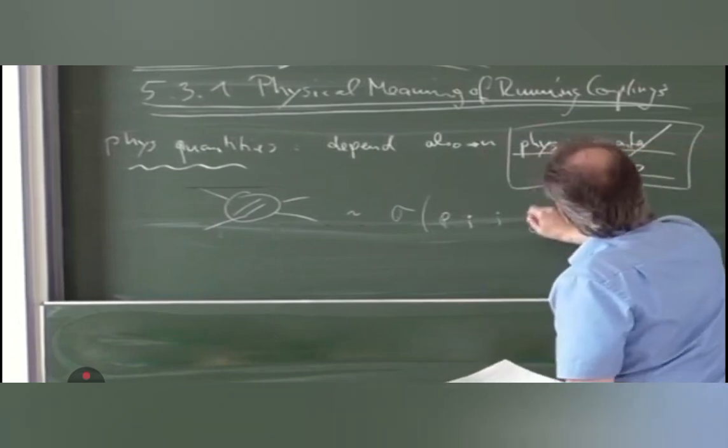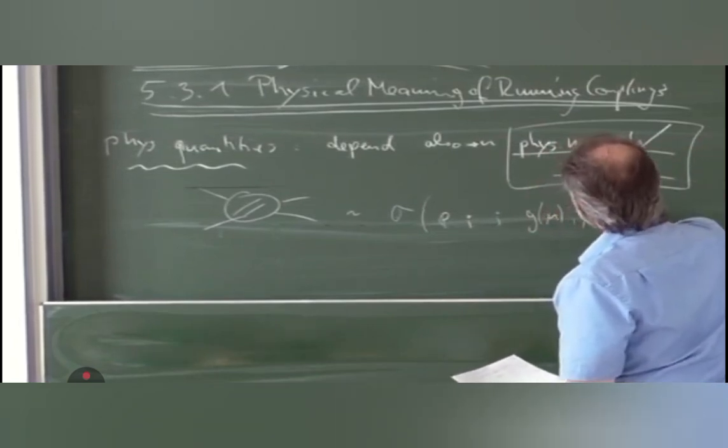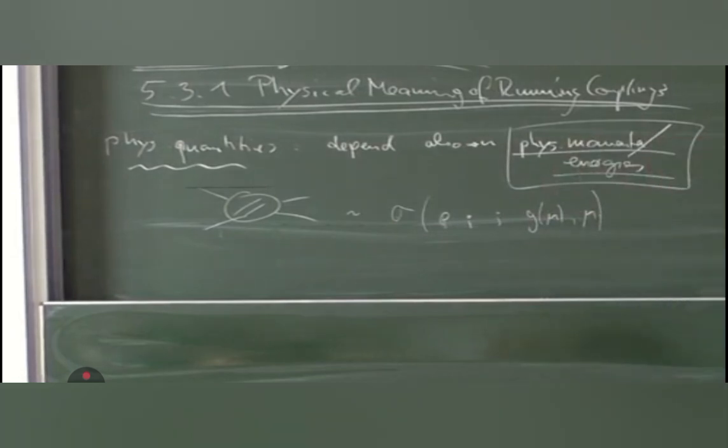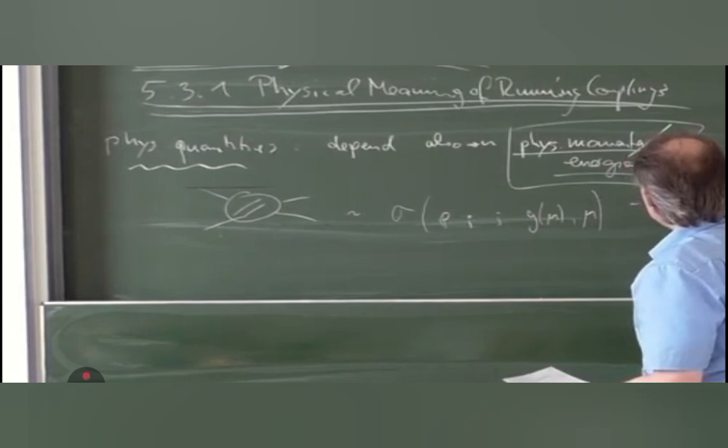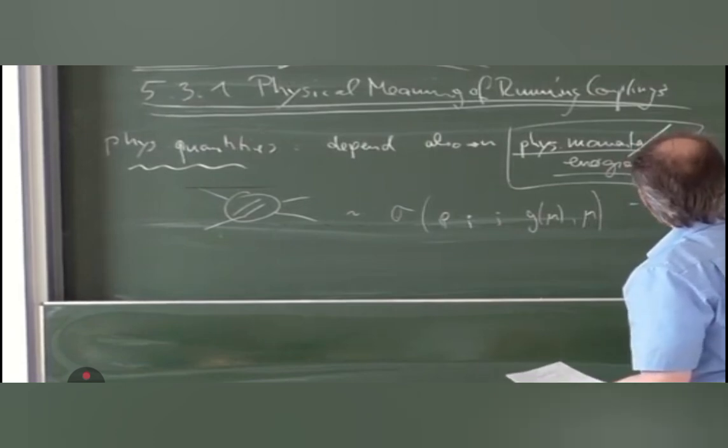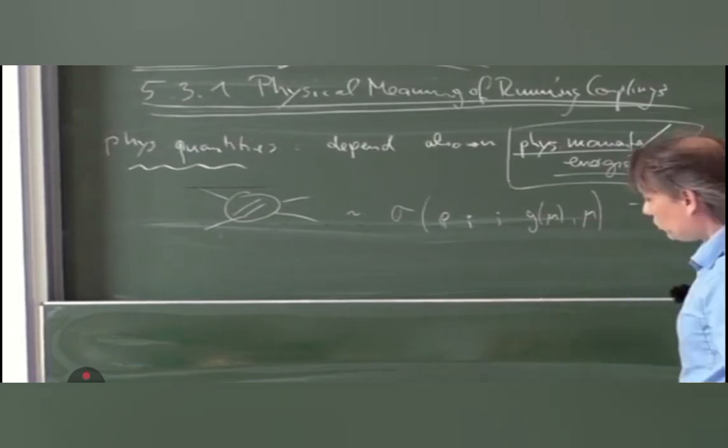Semicolon, and it also depends on the coupling g of mu, and on mu, potentially mu appears explicitly in the form of ln mu square that we have seen in our loop calculations. For simplicity, let's neglect the masses. Then this is all we have.